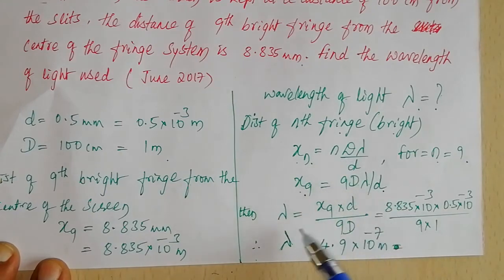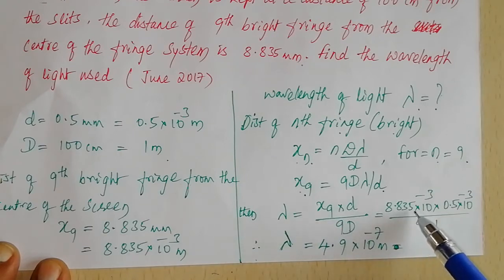We are asked to calculate the wavelength of light. So lambda equals, on cross multiplication, x9 into small d divided by 9 into capital D. So x9, the distance of the ninth bright fringe from the center of the screen, is given as 8.835 into 10 raised to minus 3.